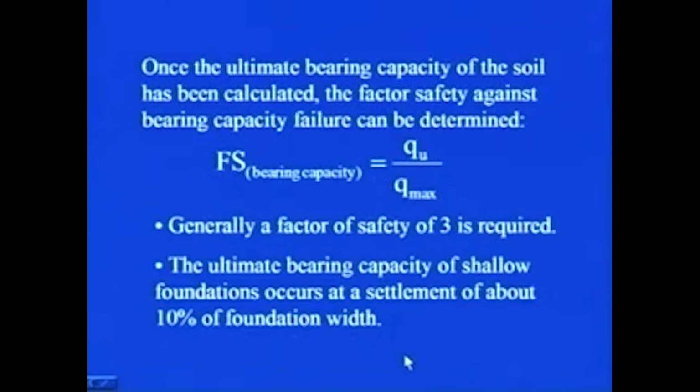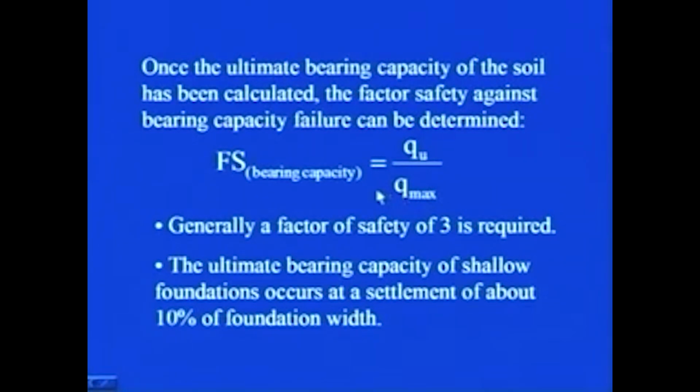So, once the ultimate bearing capacity of the soil has been calculated, the factor of safety against bearing capacity failure can be obtained as factor of safety bearing capacity equals QU by Q max. This QU we are calculating using the expression given by Terzaghi or any other research worker, and this Q max you have already found out.